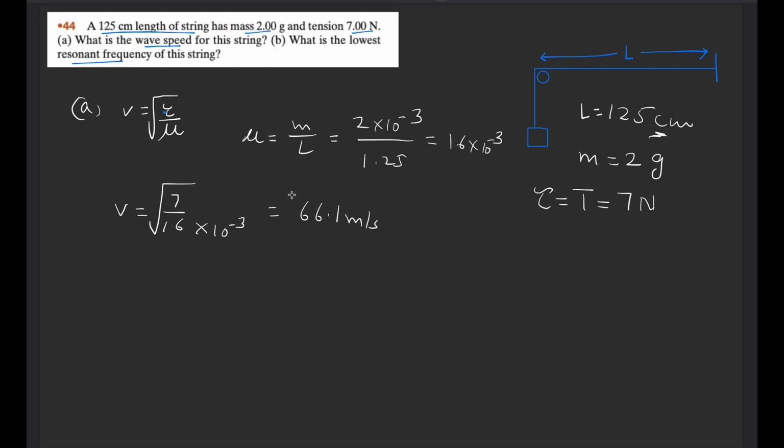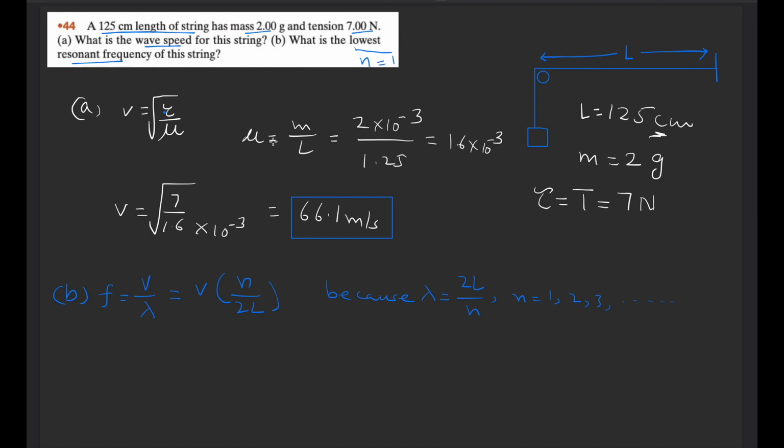So this is the speed of the wave for this string. Part B, what is the lowest resonance frequency of this string? Frequency is given by v upon lambda, which is v multiplied by n upon 2L, because lambda is equal to 2L upon n, where n is 1, 2, 3, and these give the resonance frequencies. For the lowest, n is equal to 1.